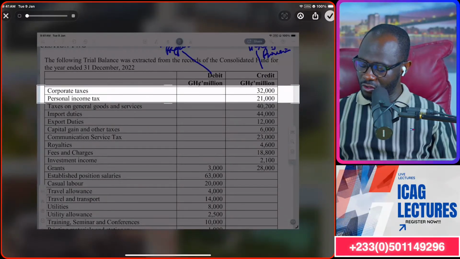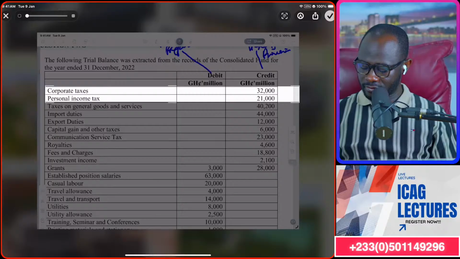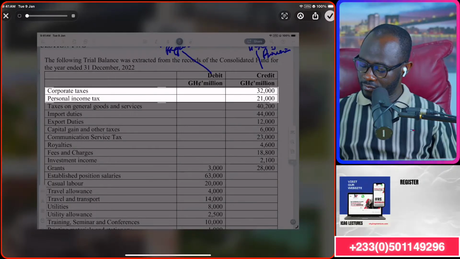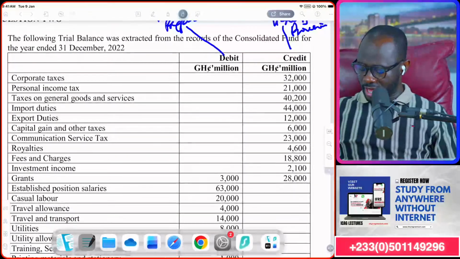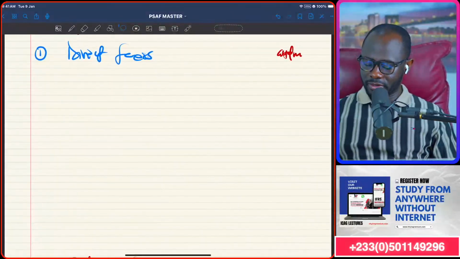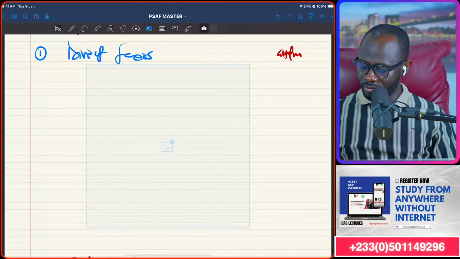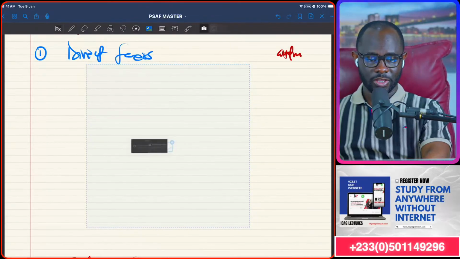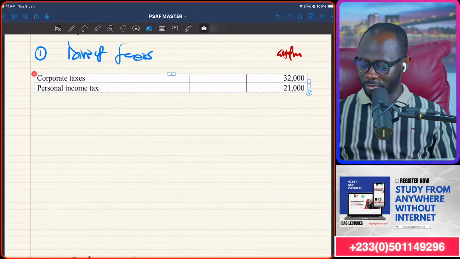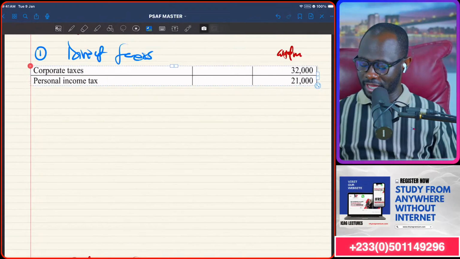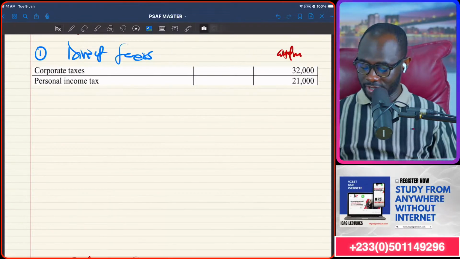Permit me to go this way, so I can keep my slide a little bit cleaner. I'm going to pick things up and go away. So direct taxes, these two will come under direct taxes.